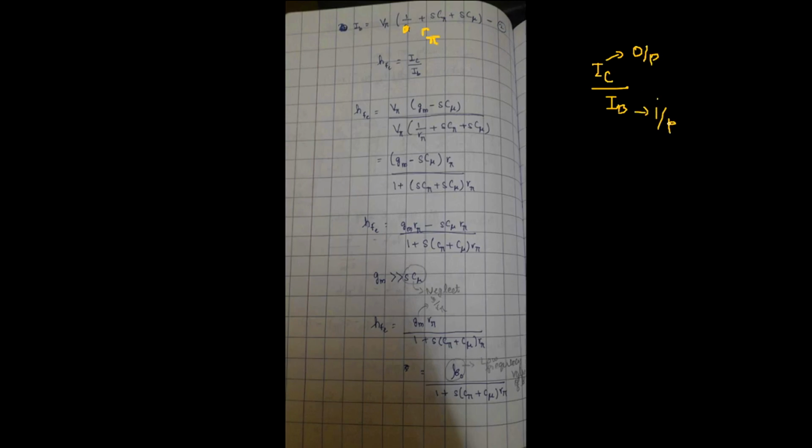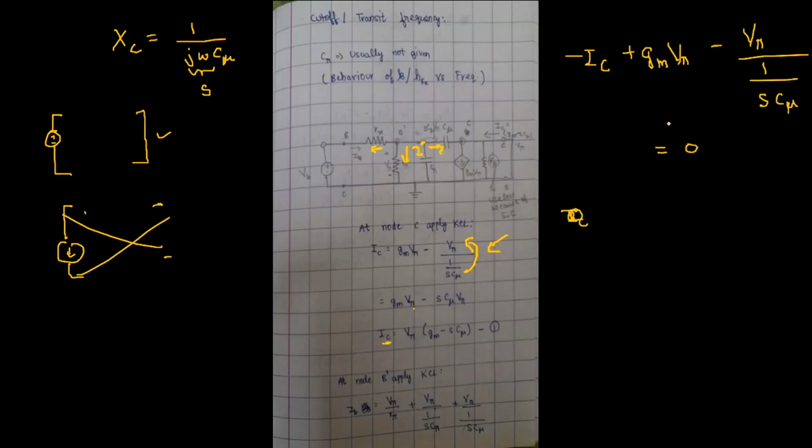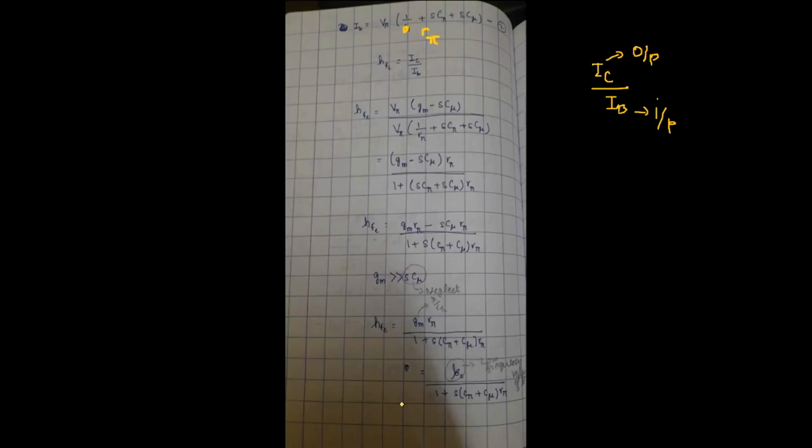We substitute the values of I_C and I_B that we obtained, and V pi is common in both of them, so we can just cancel it out. We are left with (g_m minus s C mu) divided by (1 by R pi plus s C pi plus s C mu). Then we multiply the numerator and the denominator with R pi, and this is what we're left with.